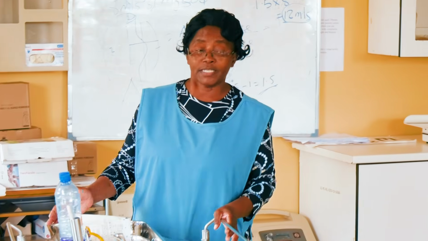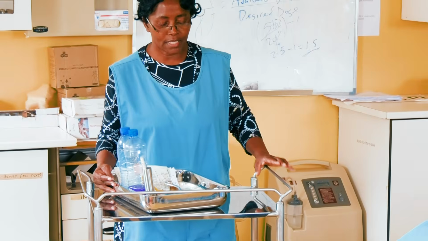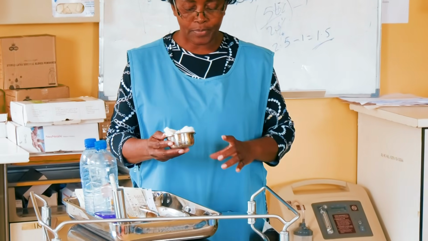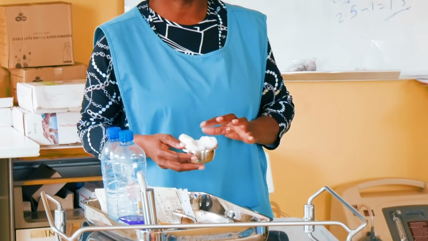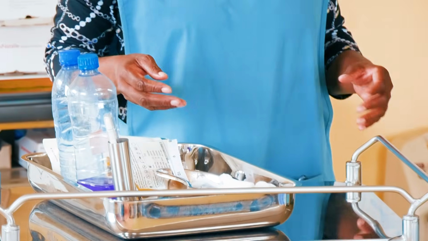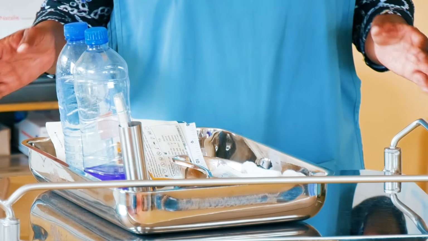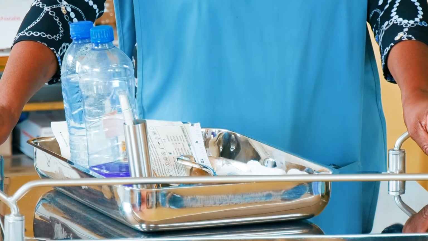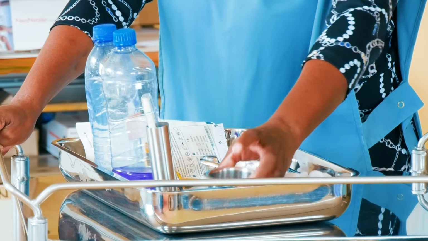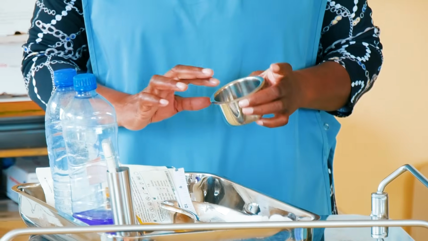Then we also need the trolley, which will have a tray, and on this tray we have put a gallipot. This gallipot contains swabs, of course, and the cotton wool swab that we are going to use as we do observations such as temperature checking, to clean the thermometer. Then we also have a gallipot which is supposed to have the cord clamp.